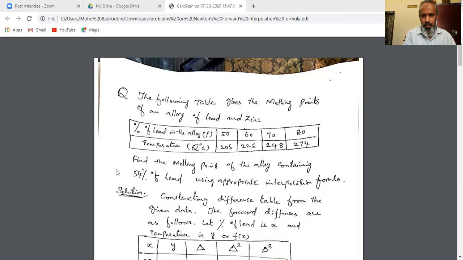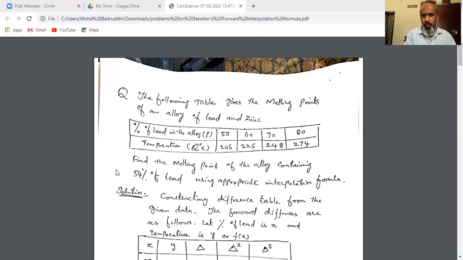At a percentage of lead of 50, the melting point is 205 degrees centigrade. If 60% of lead is used, then the temperature is 225. At 70, the temperature is 248, and at 80, the temperature is 274 degrees centigrade. So this is the data given in the problem.